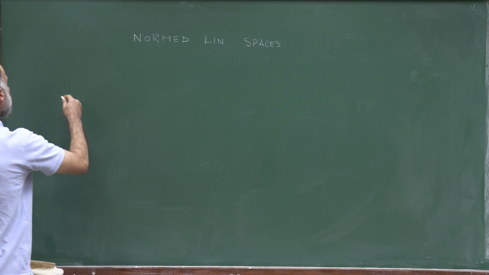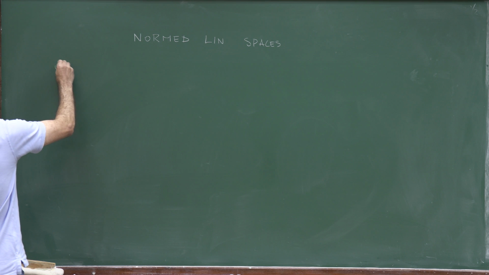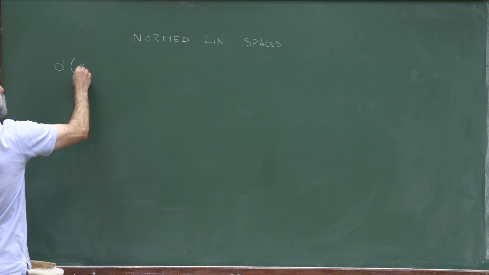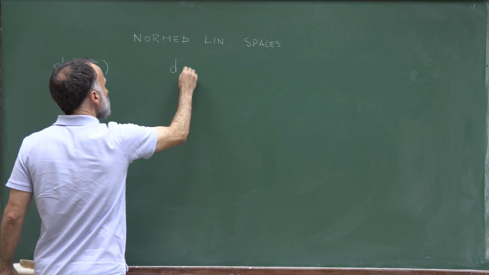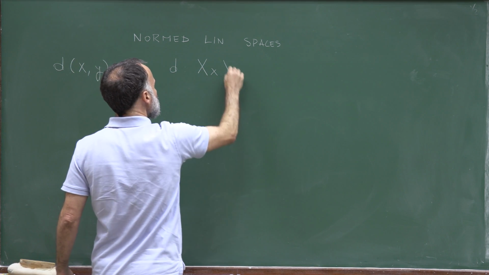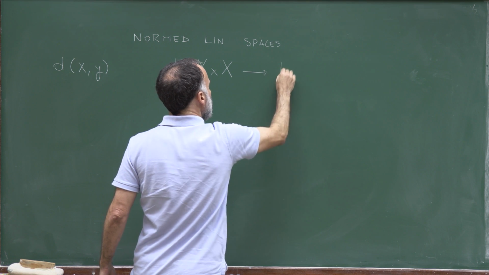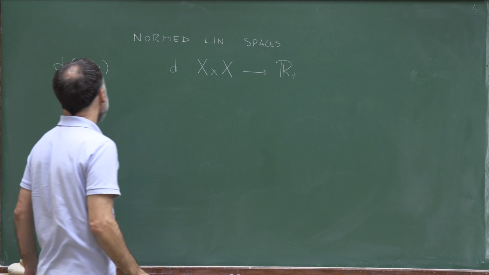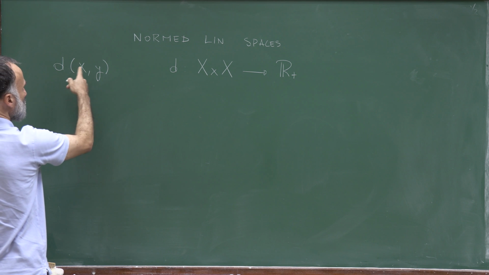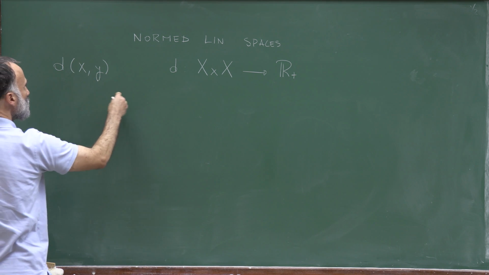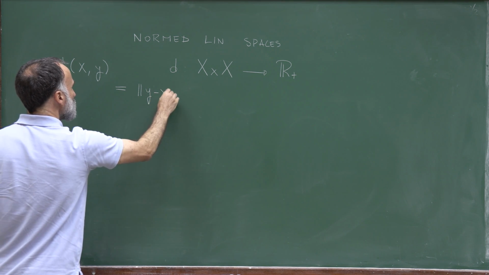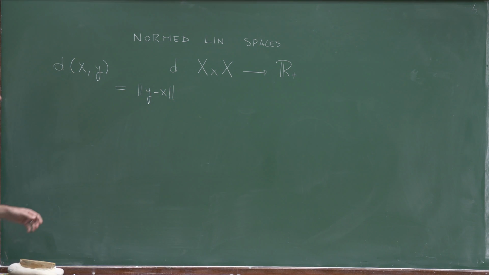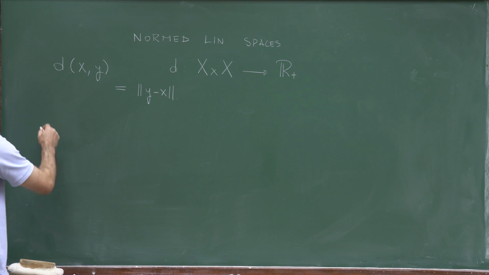Now, once we have a norm, we can define a distance. So I'll define d(x,y). So d is a function from X times X to R plus. And it's defined as, and I will call that the distance between x and y, will be given by the norm of y minus x. And what I claim is that with this definition, all the properties of a distance are satisfied.